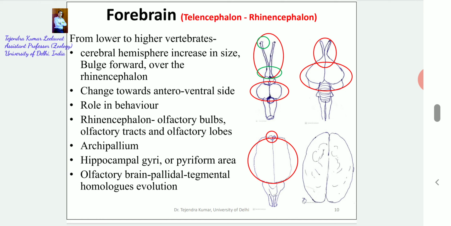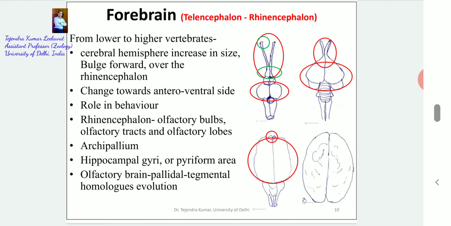This is a human brain, and in the human brain you can find many clump-like structures, and in these clump-like structures there are some ventricles and some trench-like structures, and these structures form the hippocampal gyri and piriform area.